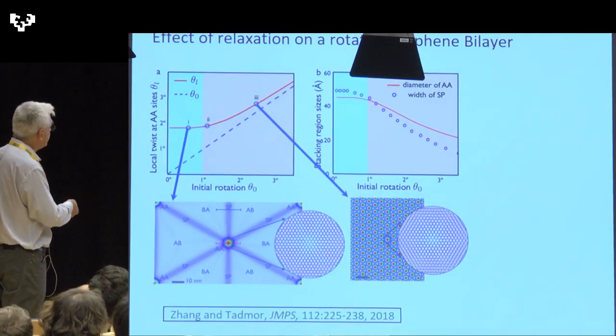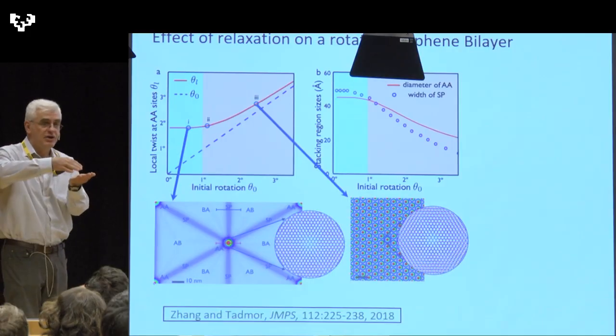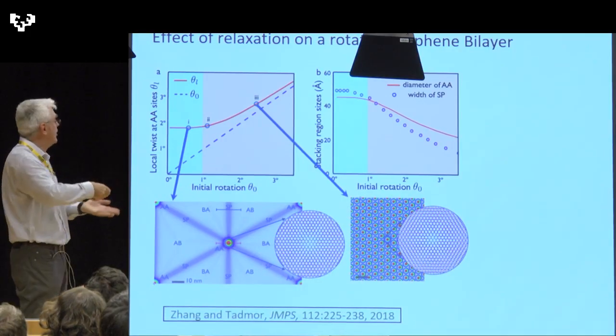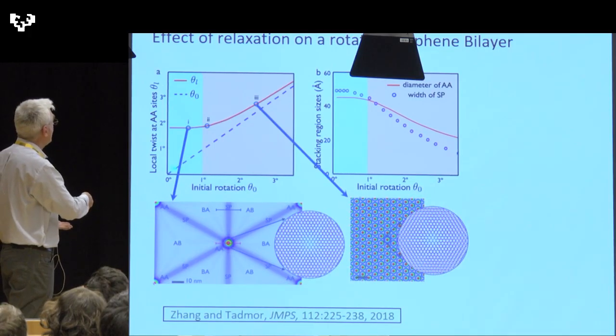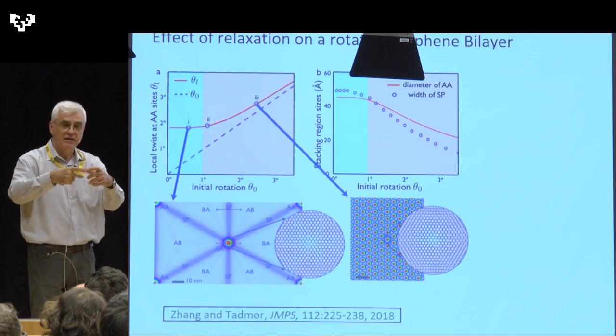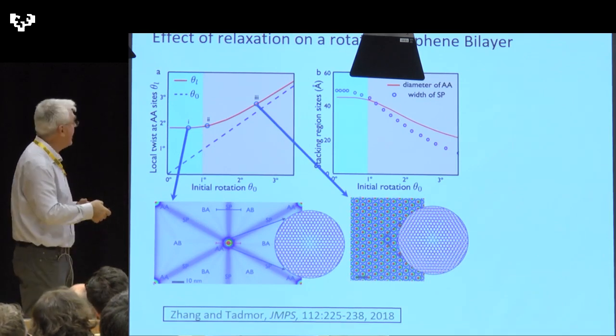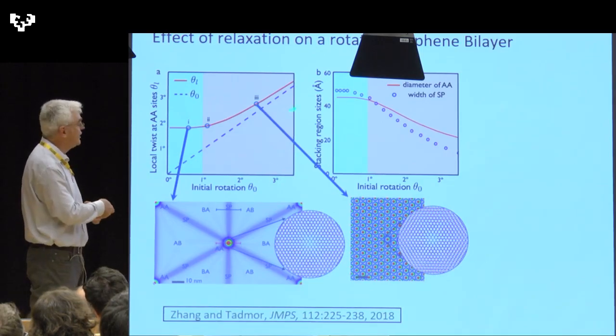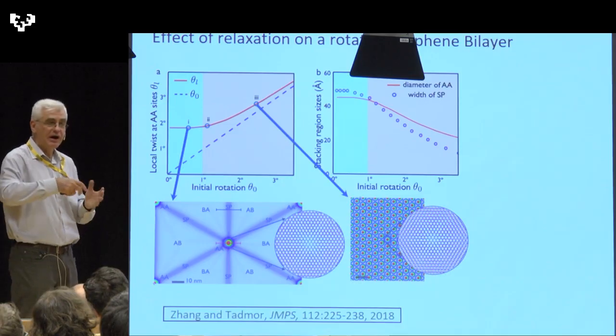Namely, if you plot here the rotation, the twist angle of the two layers when you try to put them together, and then on the vertical axis, you plot the actual local twist of the AA regions. You see that at relatively large angles, 2 or 3 degrees or so, the two are almost the same.